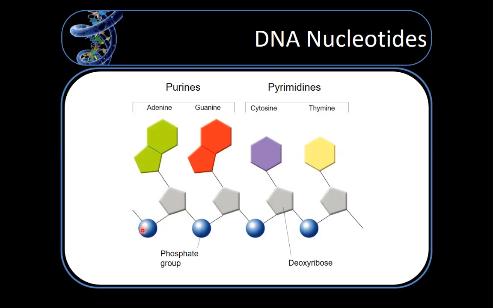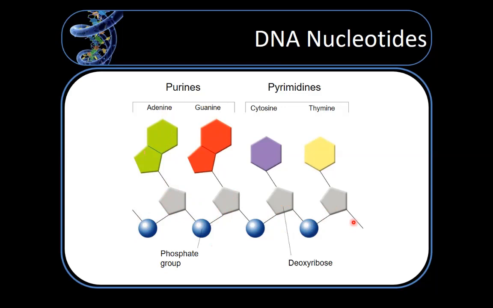So phosphate, sugar, phosphate, sugar, phosphate, sugar, phosphate, sugar. This makes up the backbone of the DNA molecule, and moving towards the center we have these bases, your purines and your pyrimidines. They're pointed inward, and then we have this chain out here of phosphate and sugar.